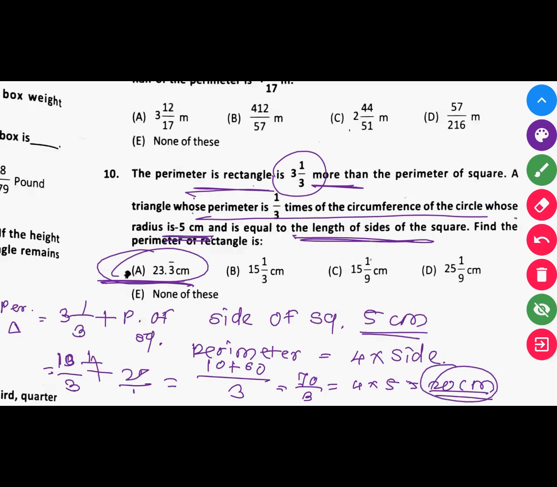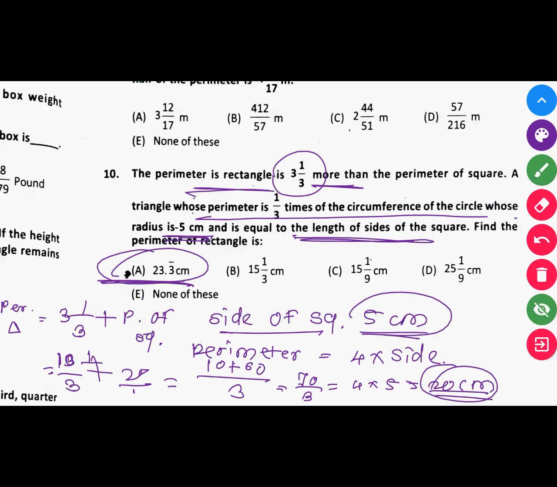So the perimeter of the rectangle is 23.3 centimeter. The middle sentence is of no use. It is just to confuse you, because they had already told that the radius of the circle is equal to the length of the side of the square. So we know the length of the side of the square and we know the formula for the perimeter of the square, so that we can find the perimeter of the square, and with that we can find the perimeter of the rectangle.